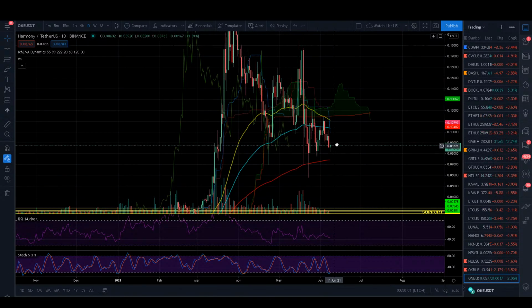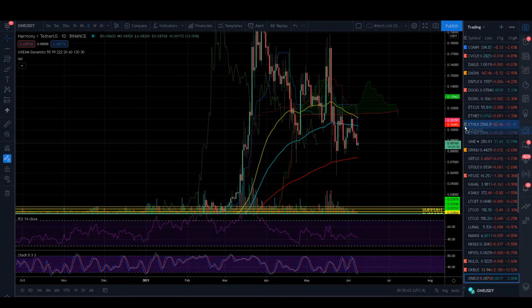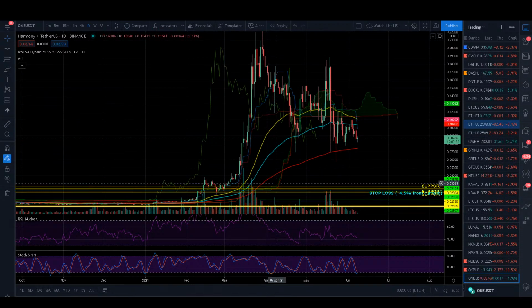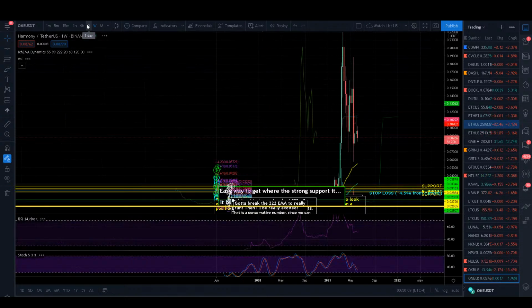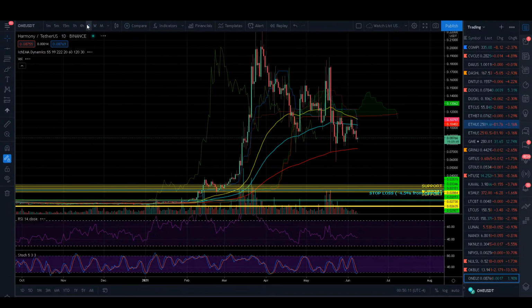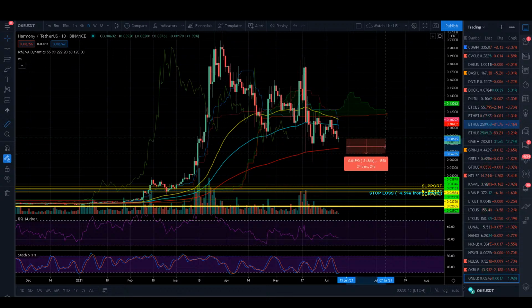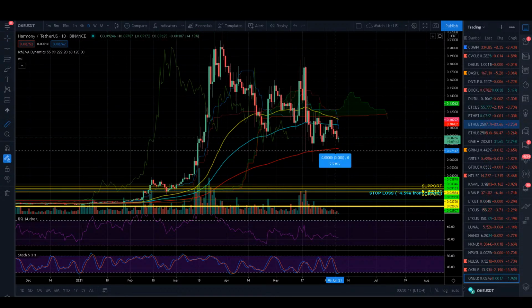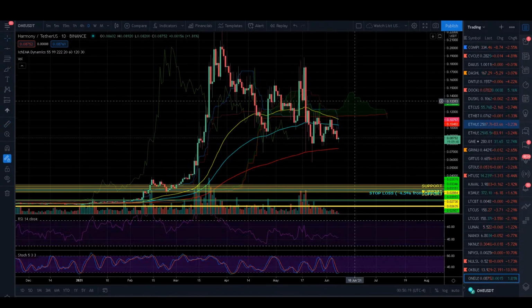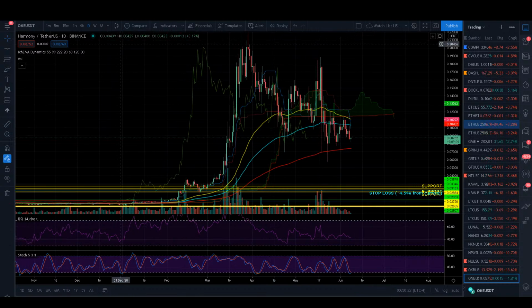We already have a good horizontal support right there. The daily has a nice reset on the Stoch. The weekly is a little bit more hit or miss. Now we're not seeing a lot of the Ichimoku dynamic supports at play here because it's too far, like that's 20% above. I think 1 would also be a good trade.